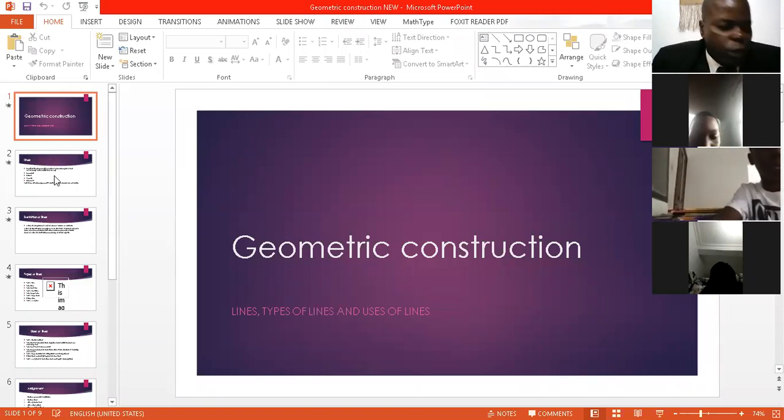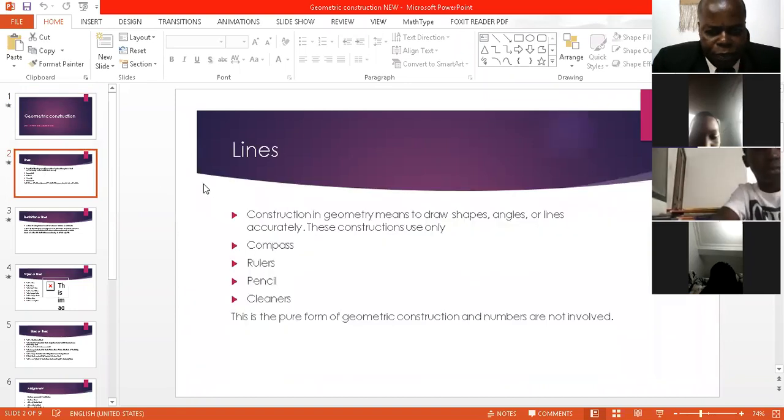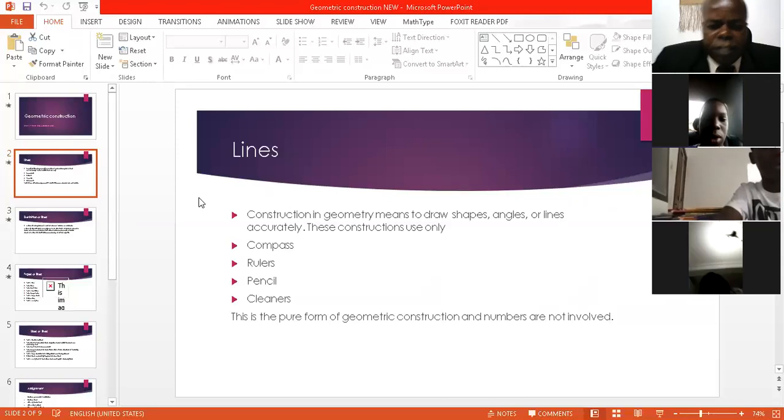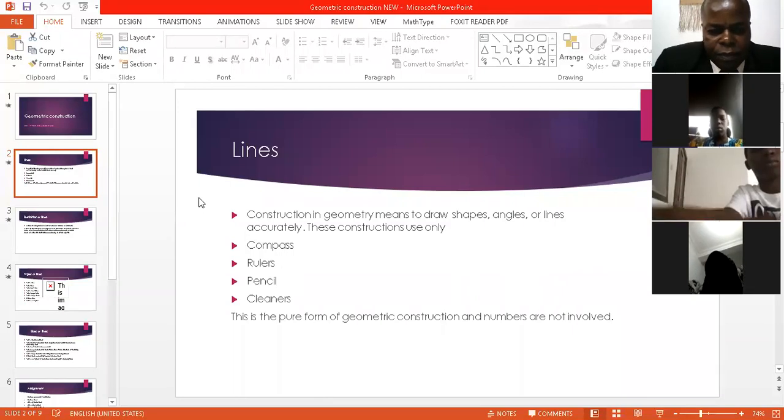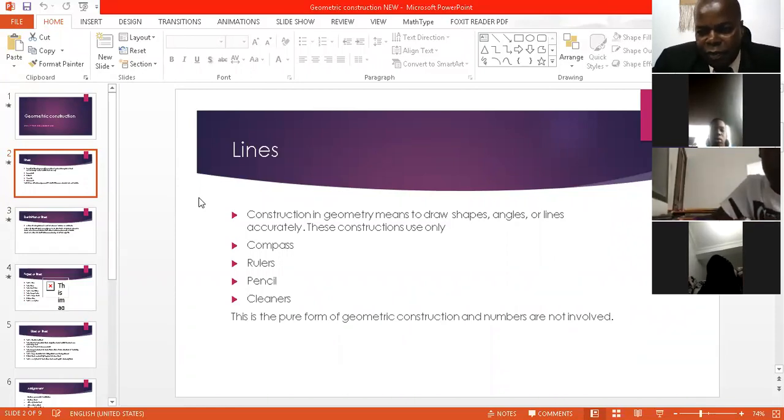So when we talk about geometric construction, it means drawing of shapes, angles, or lines accurately. Geometric construction is all about drawing different types of lines. No, you may not copy now.